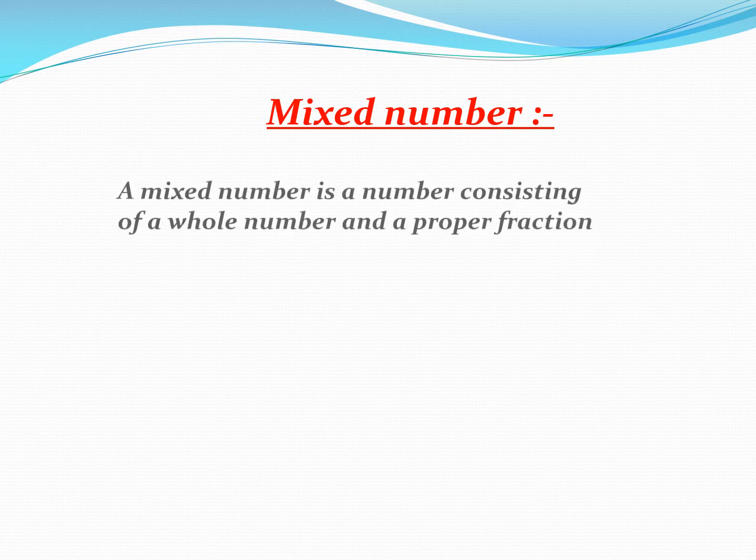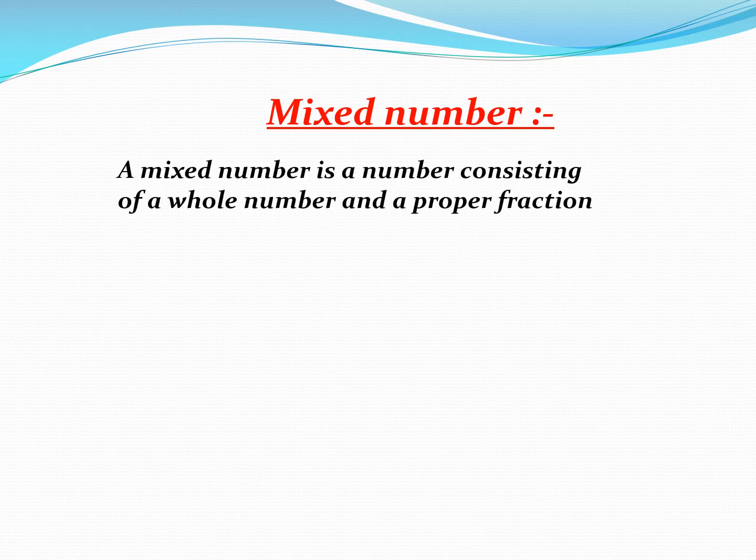The third type of fraction is called a mixed number. A mixed number consists of two things: a whole number and a proper fraction, like this: 1 and 3/5.